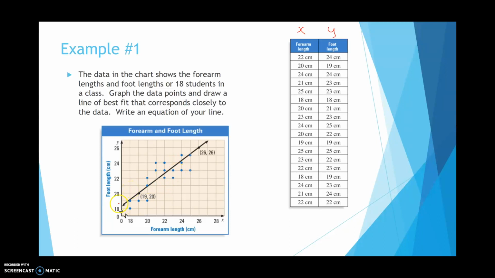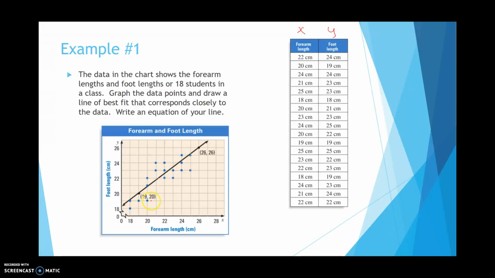Then we draw the line of best fit. Notice it doesn't go through all the points, but it goes in the direction in which the points are going. You'll probably have about the same number of points above the line as below it.